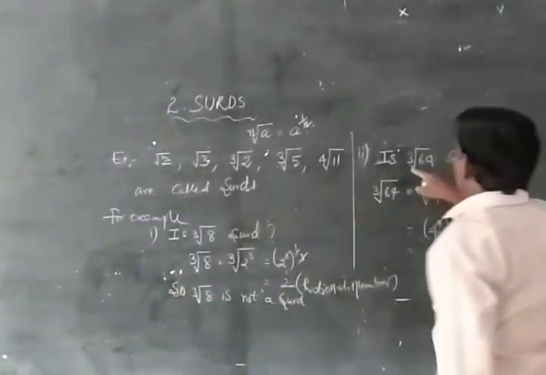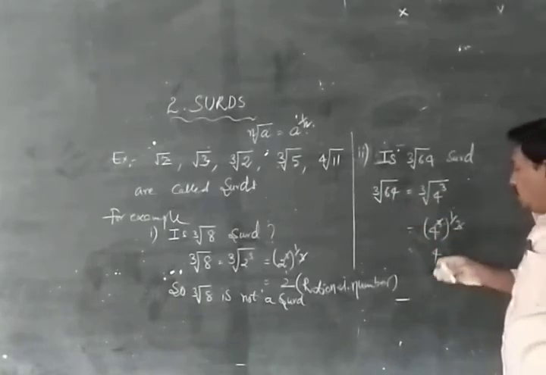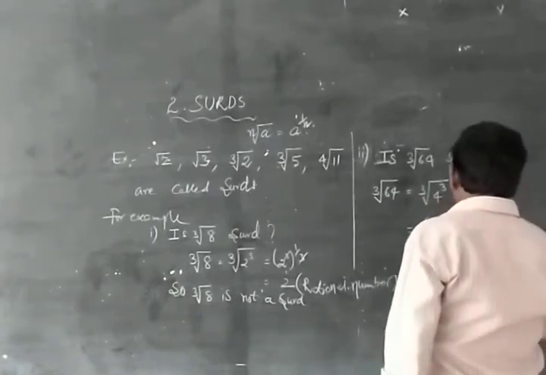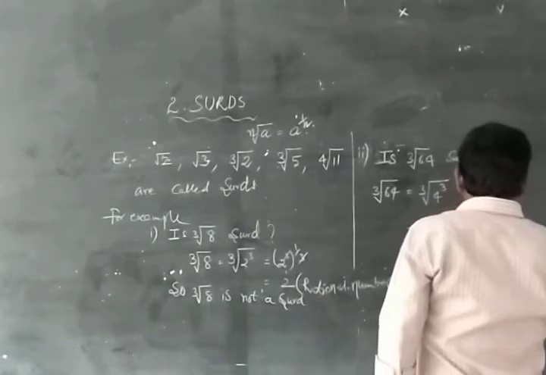Okay, the cube root of 64 is 4. This is a rational number.